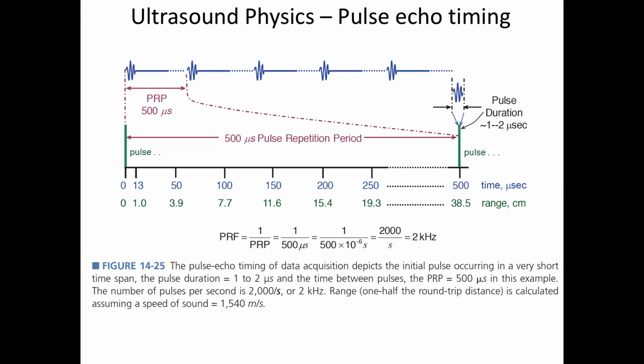But probably what's going to happen is you're going to run out of signal to noise, because the echoes from a certain depth will just be so small that they won't overcome the electronic noise and other things. Okay. So if we blow up this time period here onto this axis, so that this is now 500 microseconds along here, with the assumption of 1540 meters per second, these are the depths of the echoes you're seeing at that time.